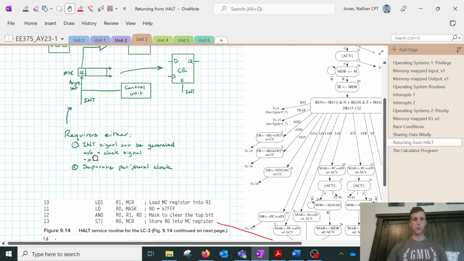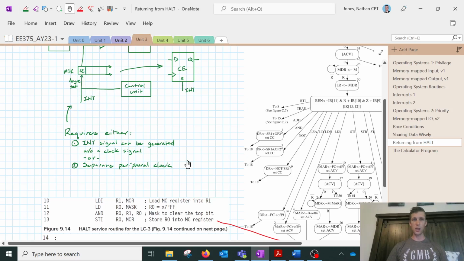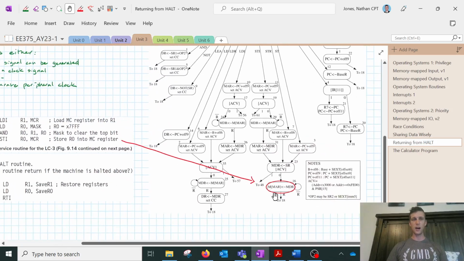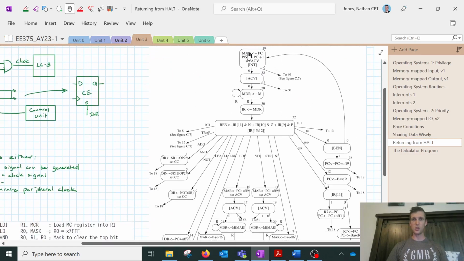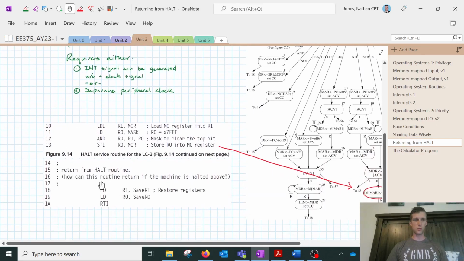And so if we set up our interrupt signal this way and reawaken the processor, then once that clock's turned back on, the very next thing that happens is the processor will start executing the next instruction, which down here terminates the trap service routine to halt the processor.